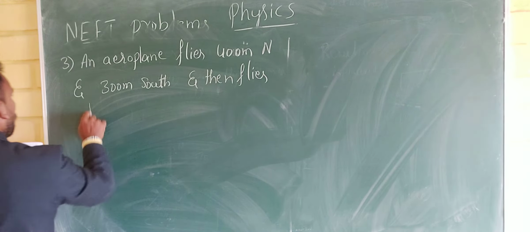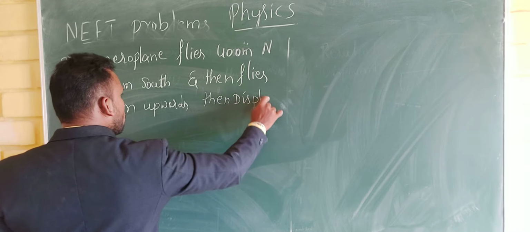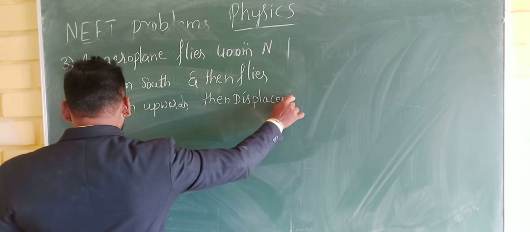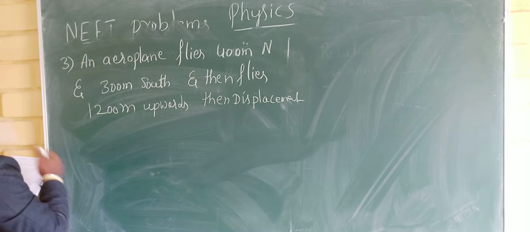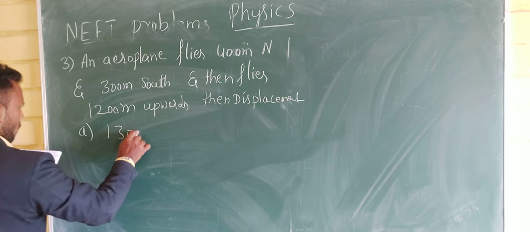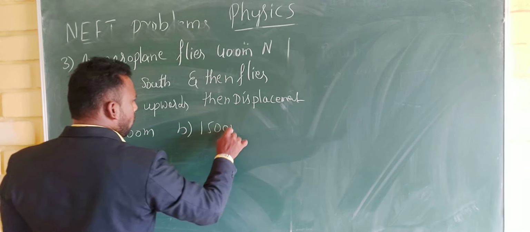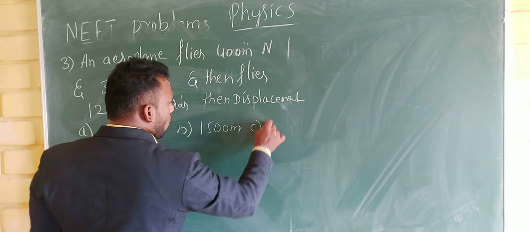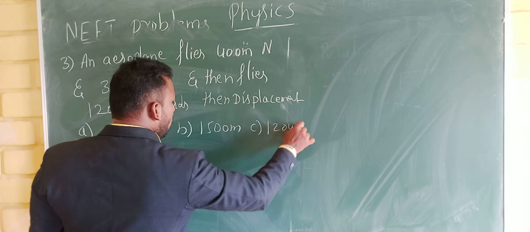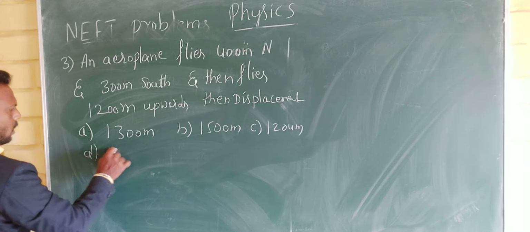Then the displacement is: option A 1300 meter, option B 1500 meter, option C 1204 meter, option D 12,000 meter.